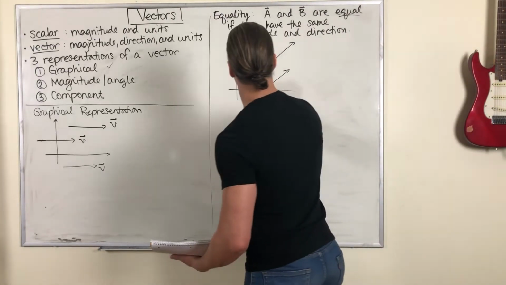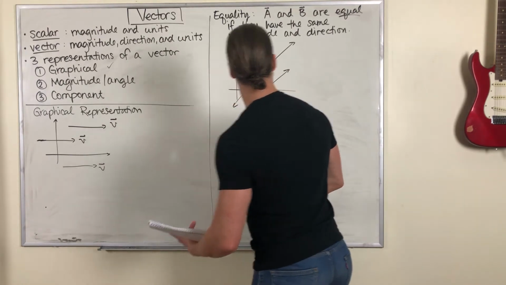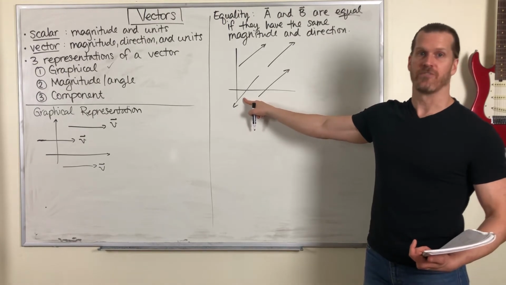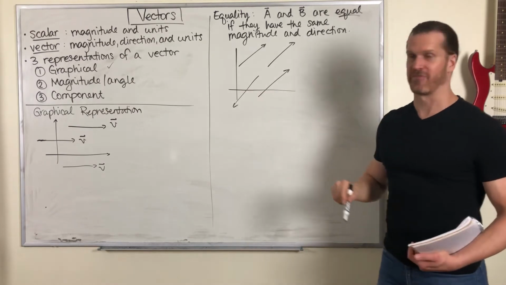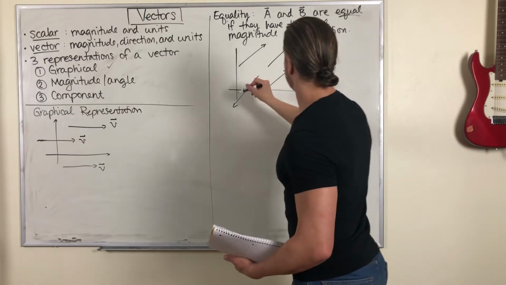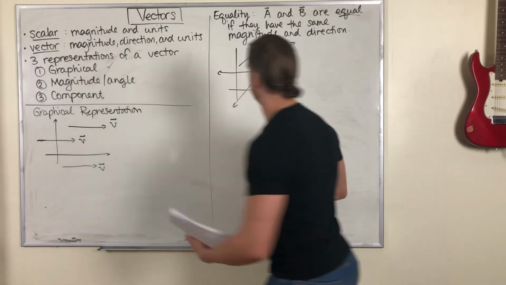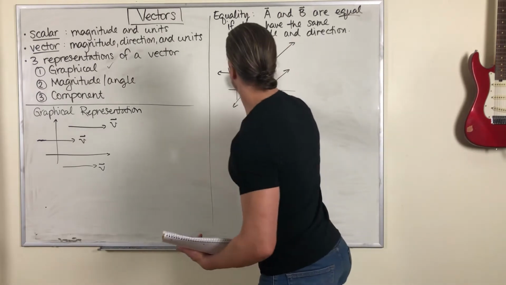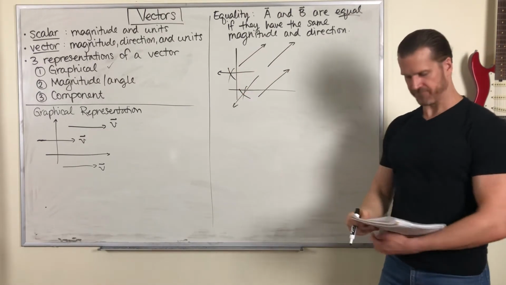If I drew a vector like this, that vector is not equal to the other three. It has the same length, but it points in the opposite direction. Similarly, if I had a vector like this, same length, but a completely different direction. So neither of those is equal to the other three.